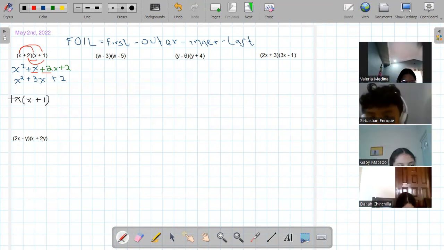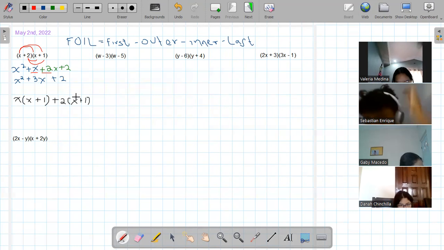So you multiply a monomial times a polynomial. Then the first parenthesis has a plus 2, so plus 2, and you copy again the same first parenthesis. And then you do again the monomial multiplying a binomial.